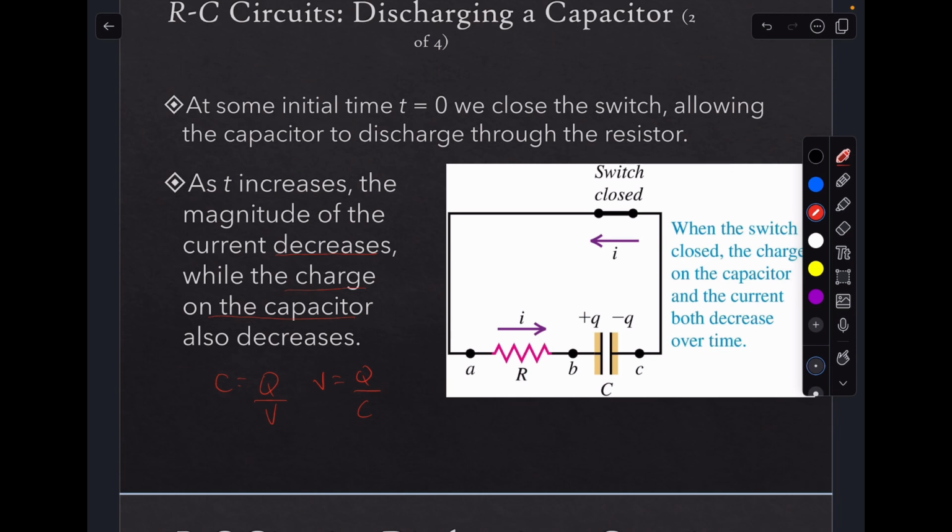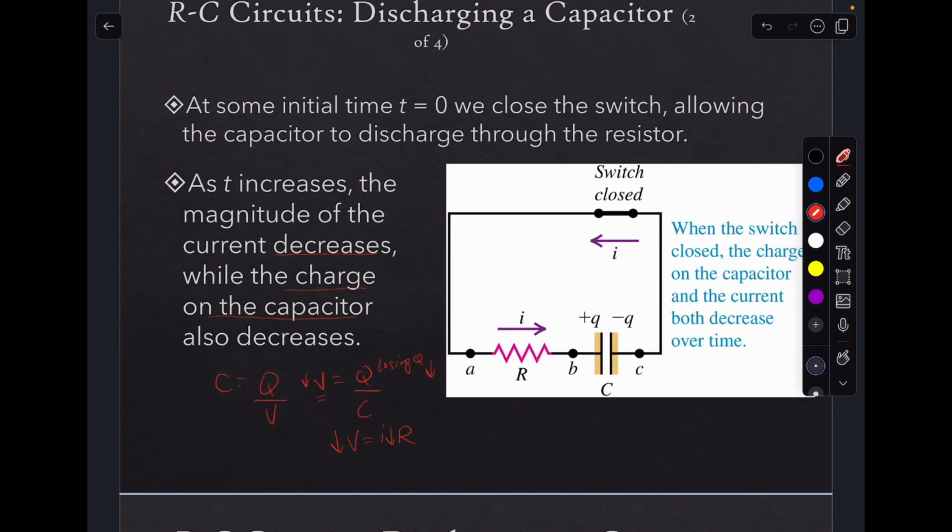And as soon as you close this switch, this capacitor behaves as a battery with potential V. But as the switch is closed and time is allowed to progress, we begin losing Q, right? So as Q decreases, so does that battery's potential, right? And if that battery's potential is decreasing, then so does the current in that circuit, right?